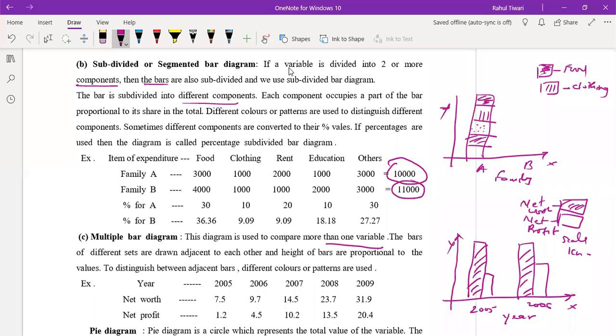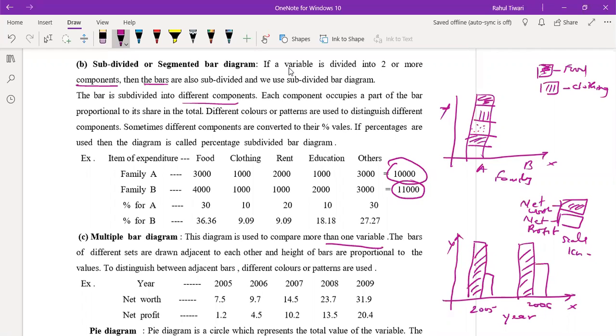So what is the difference here? We need to convert this actual number data into percentage. Now I know that 95% of students know how to calculate percentage, because you have calculated percentage in your results. If my marks are this much in physics or maths, out of how much, then what will the percentage be? This upon this, multiplied by 100. So if I say 3000 divided by 10,000 multiplied by 100, I may get the percentage for family A, and so on.